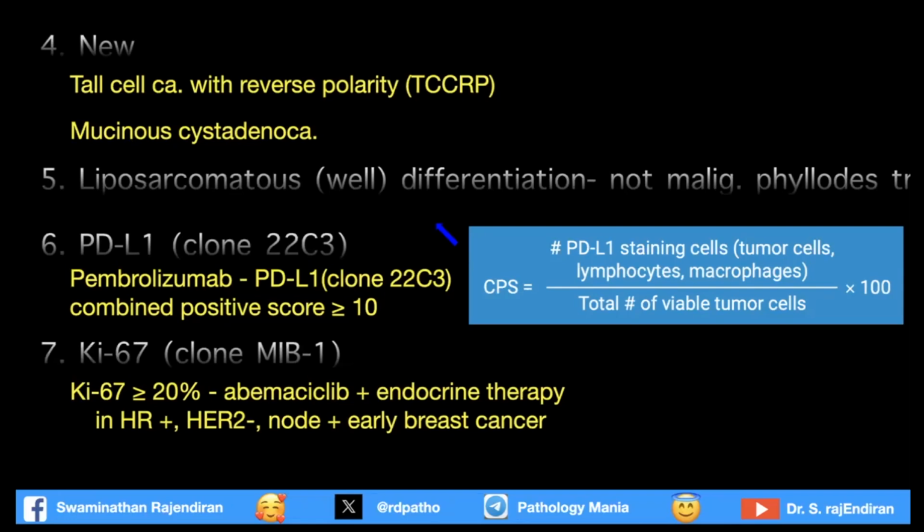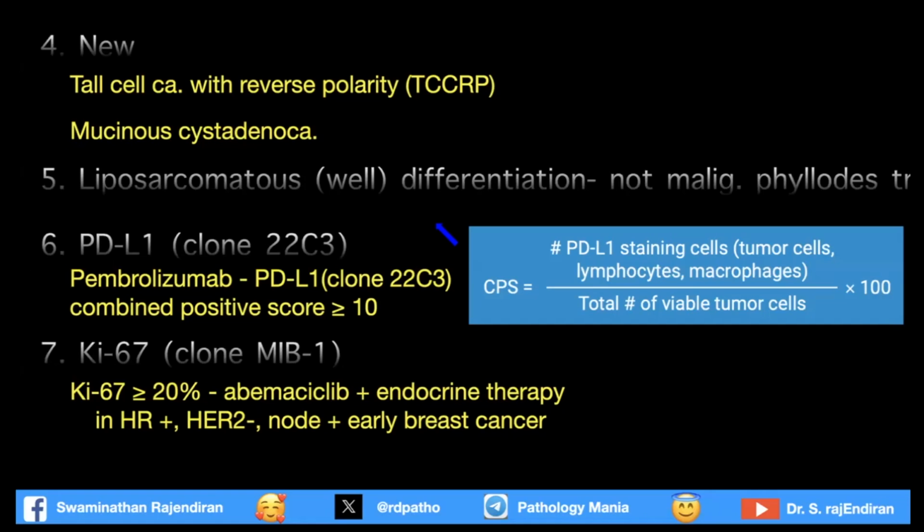There are two things that affect the treatment. One is PD-L1 clone 22C3. If the combined positive score is more than 10, we have to use anti-PD-L1, pembrolizumab. And how do you calculate the combined positive score? Number of PD-L1 staining cells, including tumor cells, lymphocytes, and macrophages, divided by number of viable tumor cells into 100.